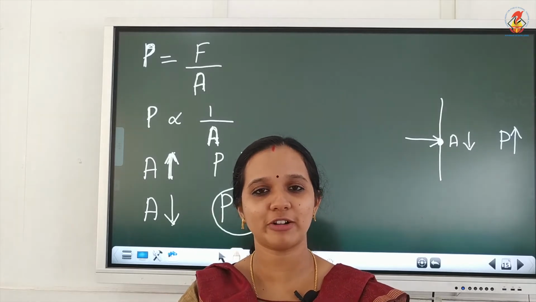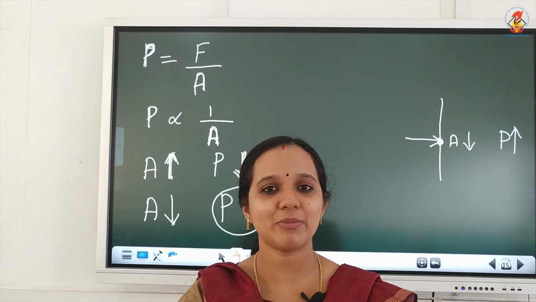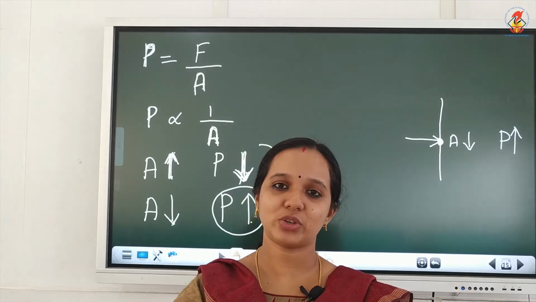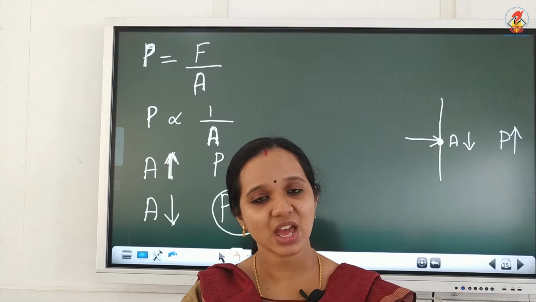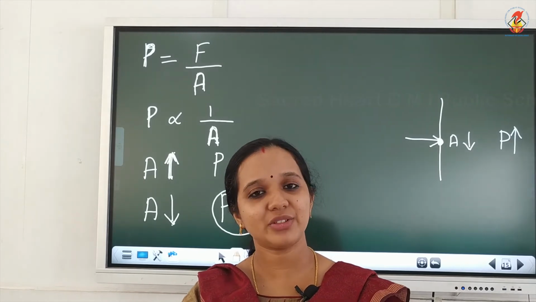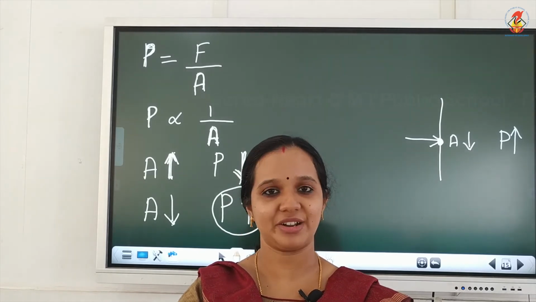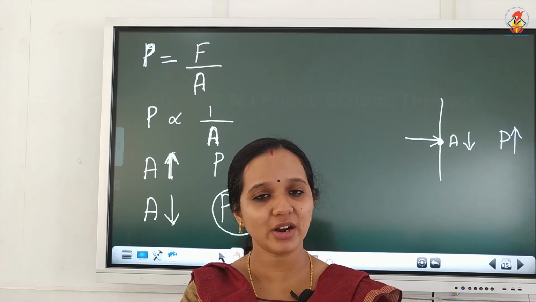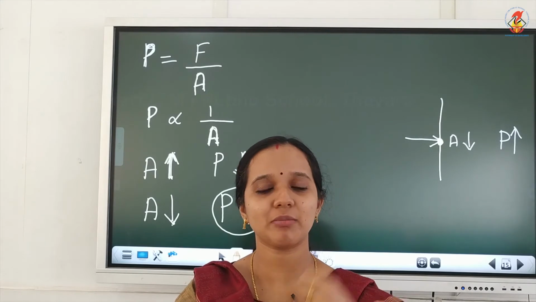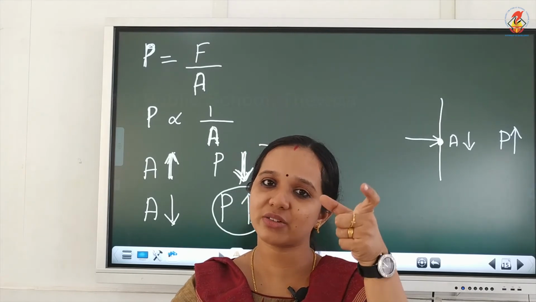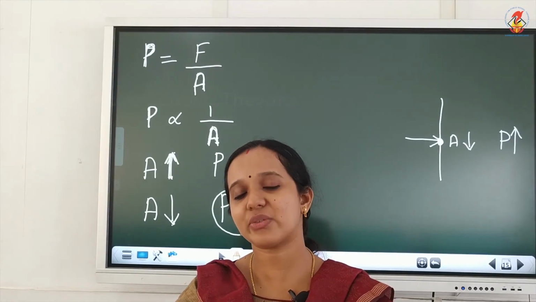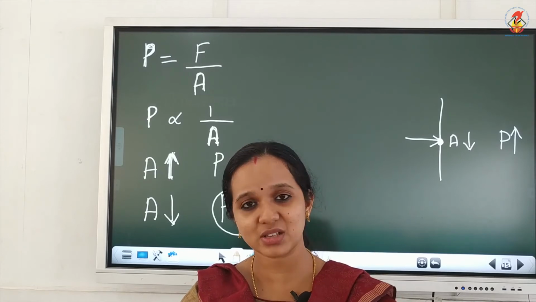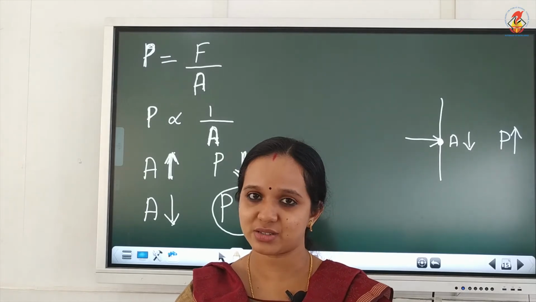Again, the area of contact is more, which will minimize the pressure. So, it will be able to manage the heavy load on it. So, these are certain application questions based on pressure. The point to be remembered is, when area increases, pressure decreases, and when area decreases, pressure increases.